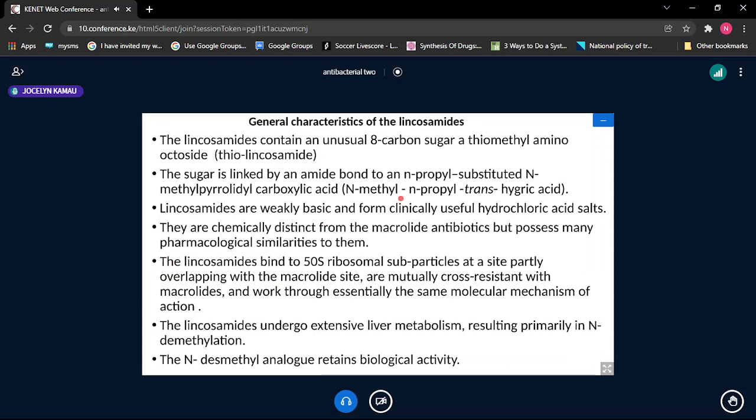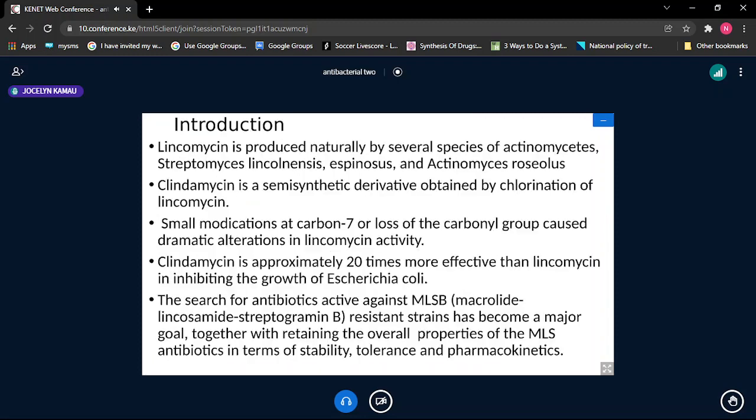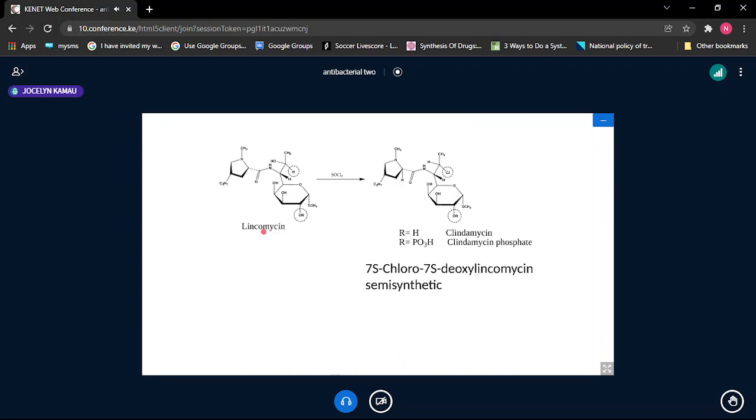So N-propyl substituted N-methyl pyrrolidyl carboxylic acid. And I think that is quite obvious. Pyrrolidyl, this is pyrrolidine.